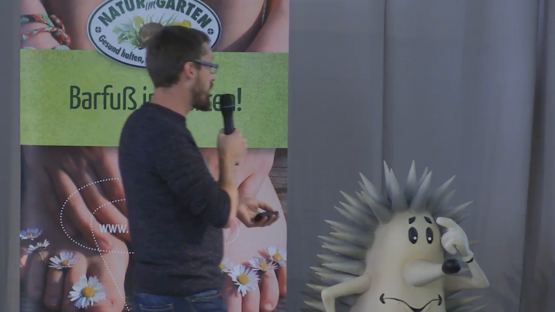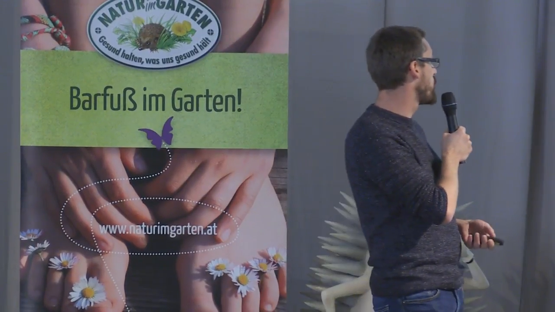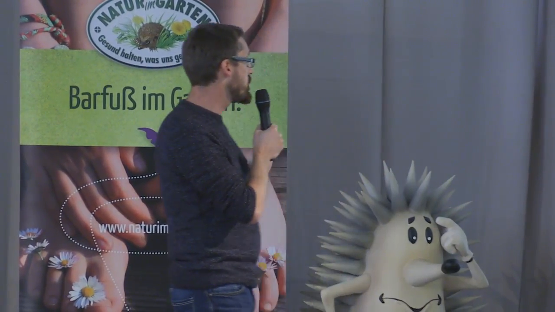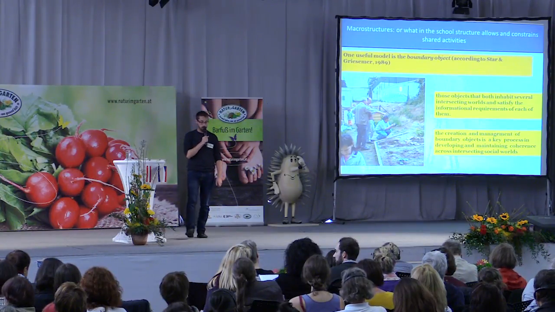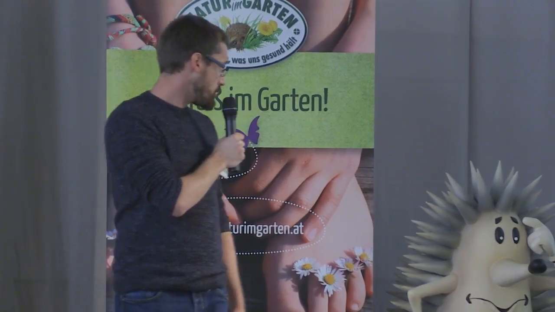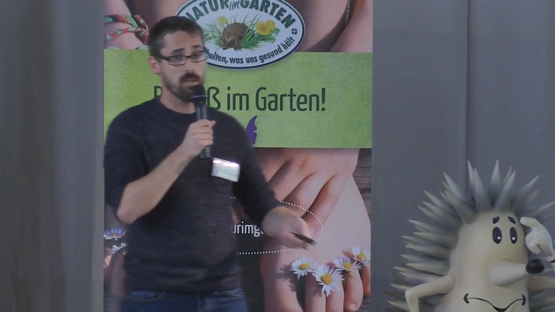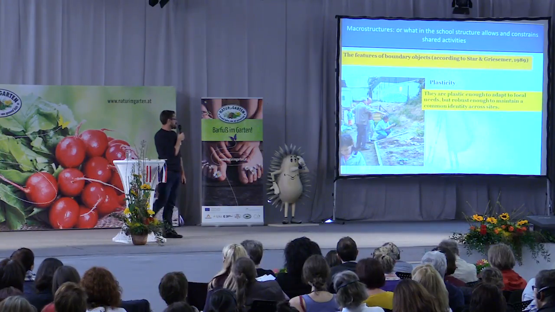And they add that the creation and management of boundary objects is a key process in developing and maintaining coherence across intersecting social worlds. So they define 3 different features: plasticity, structure, and meaning.